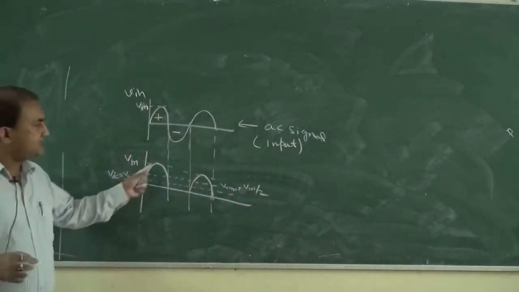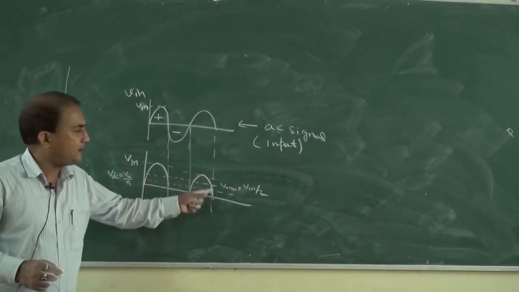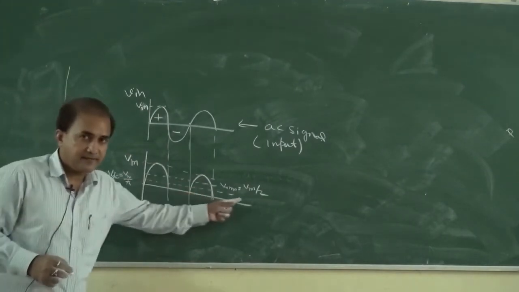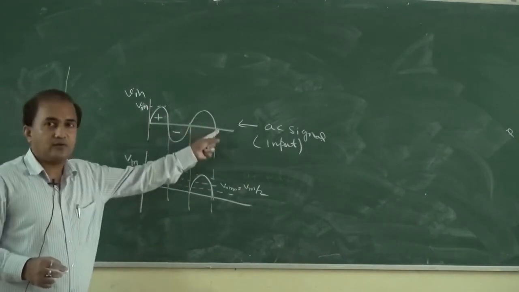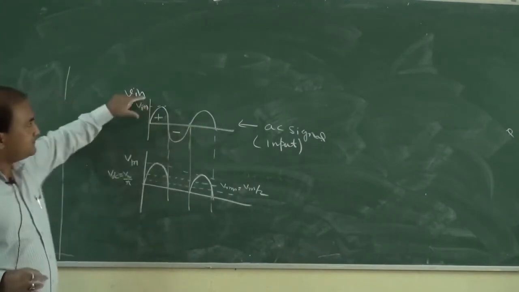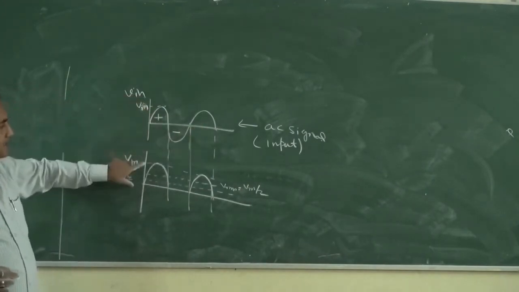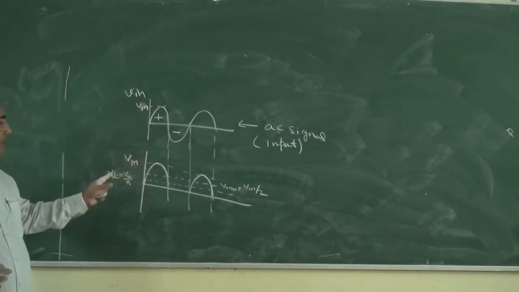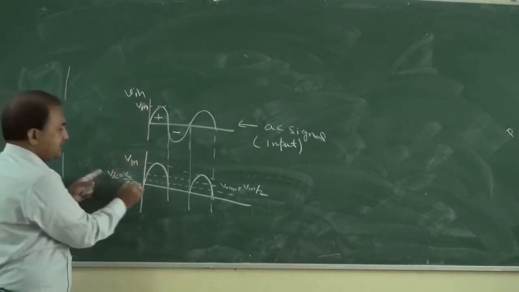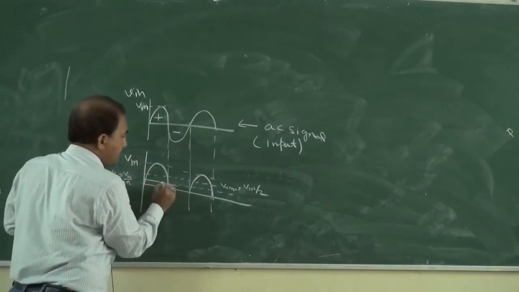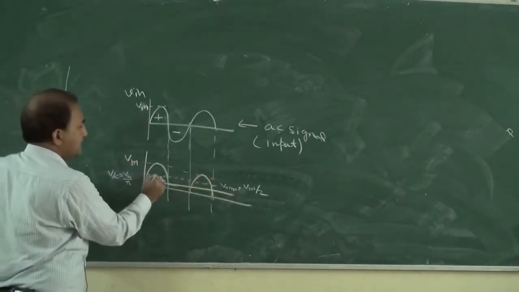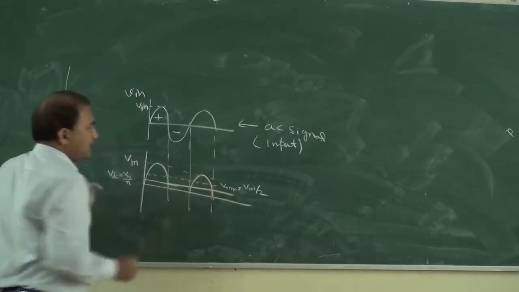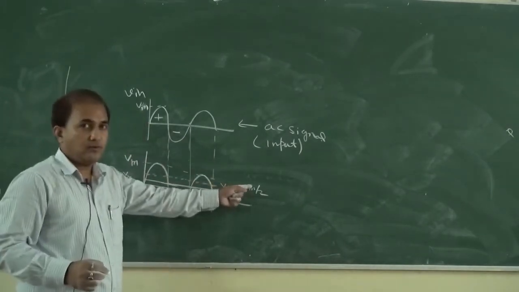This is the output waveform of a half-wave rectifier circuit. This is the input that is given to the rectifier circuit. Its peak value is Vm. Now VDC is Vm by pi, this line, and Vrms is Vm by 2.